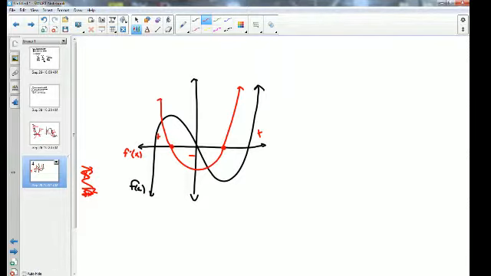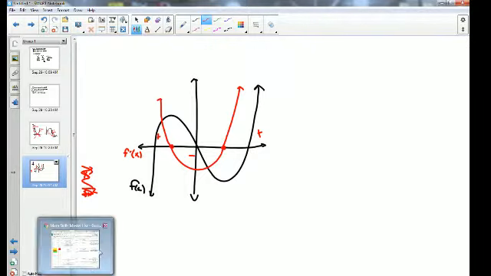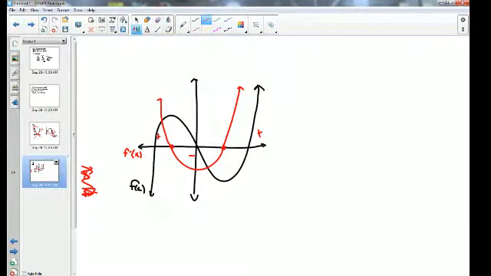Okay, so yeah, think about this. Let's call that x equals 2. F prime of 2 is 0. F at 2, okay, sure.